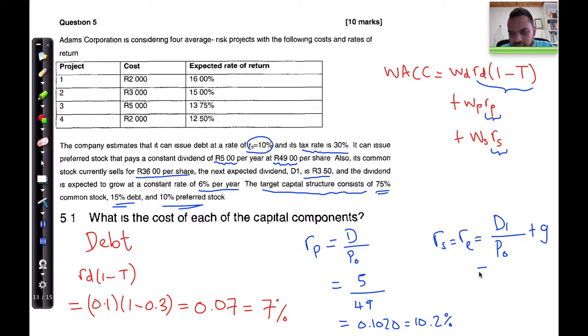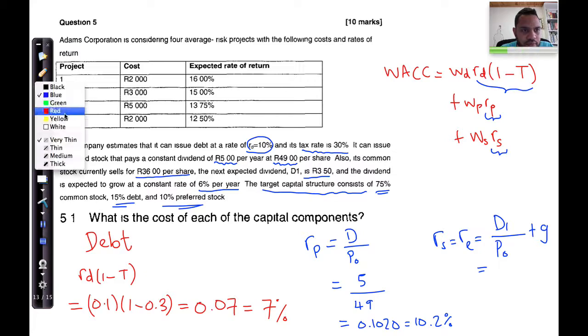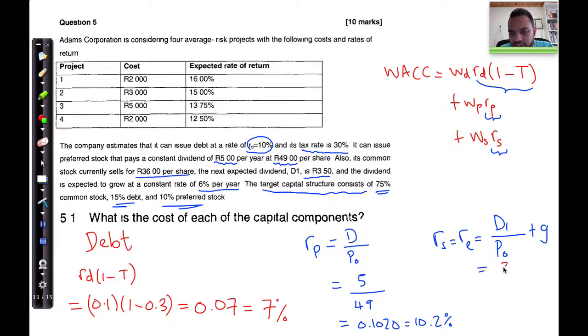And so if we substitute that, D1 is given in the question, the next expected dividend is R3.50, divided by 36 Rand per share, plus the growth, which is 6%, or 0.06.